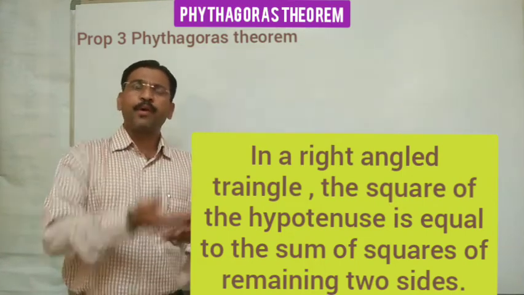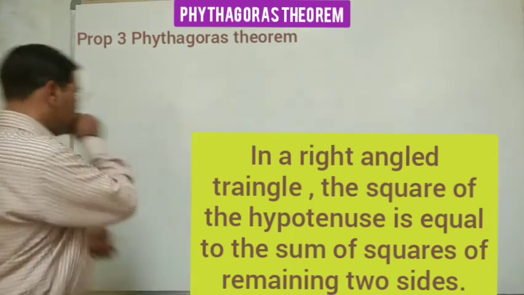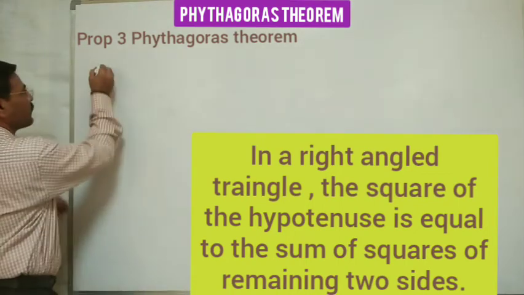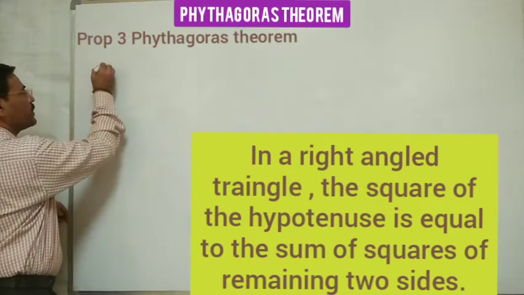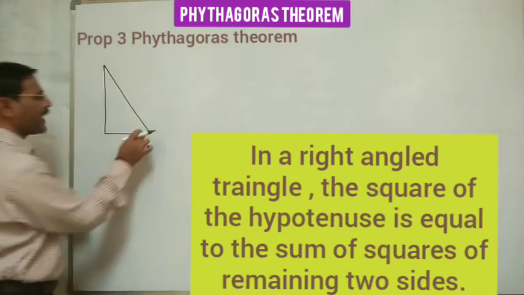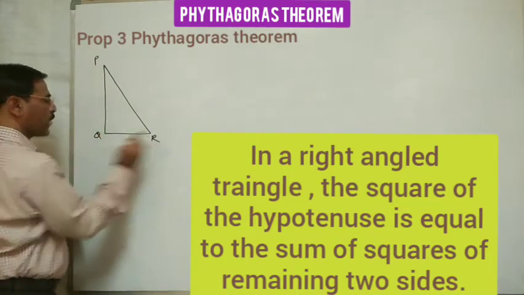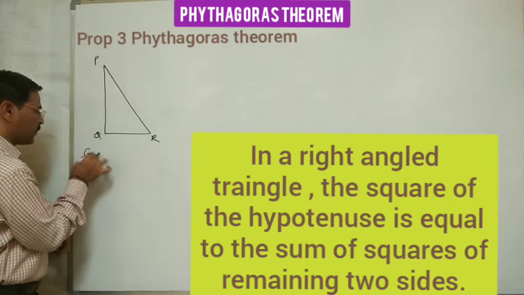It depends upon previously proved properties. Okay, see here. I'll draw the first figure. This is again a right angle triangle. I'll take the name of the triangle like PQR. See first.